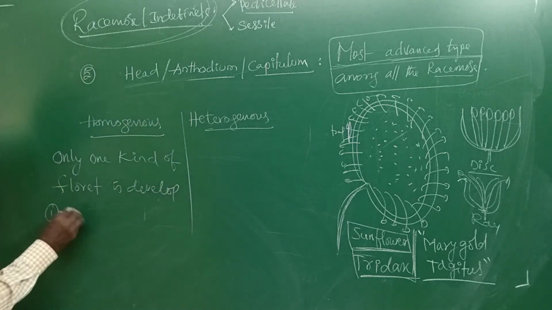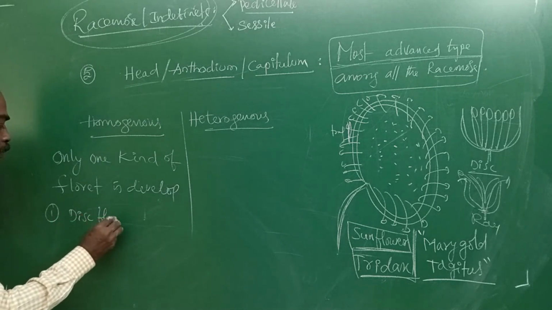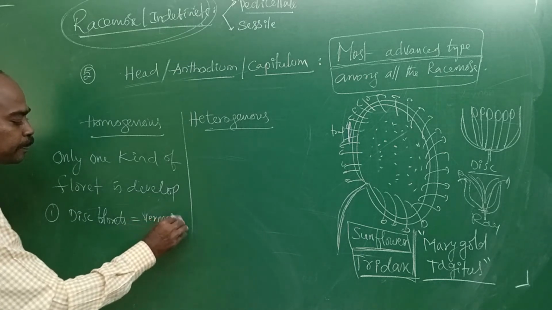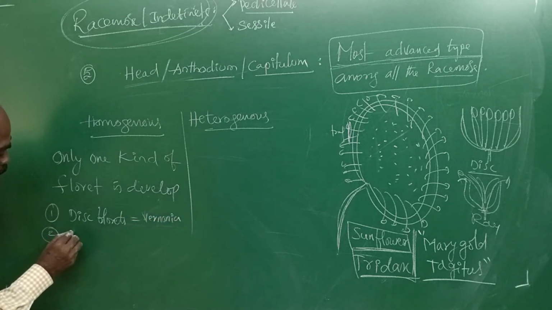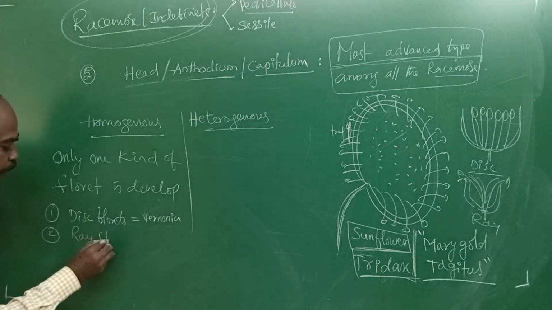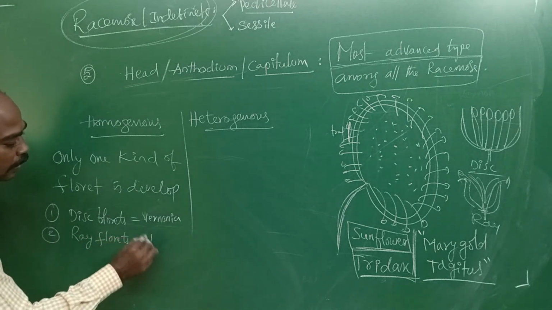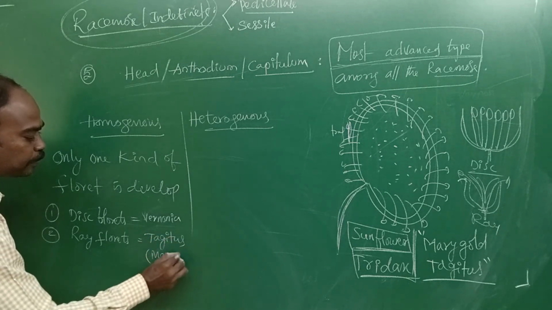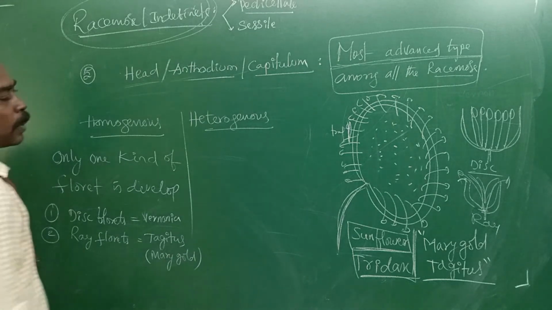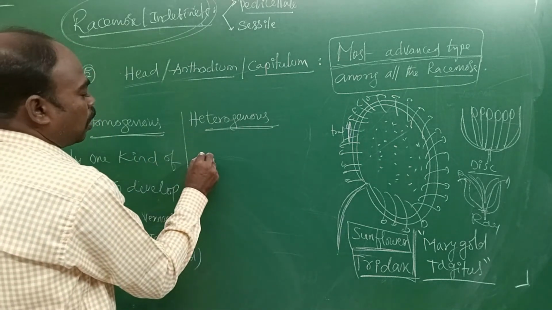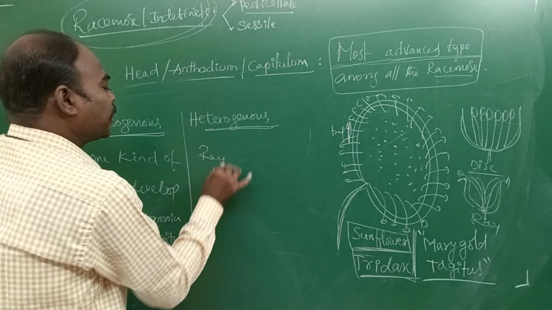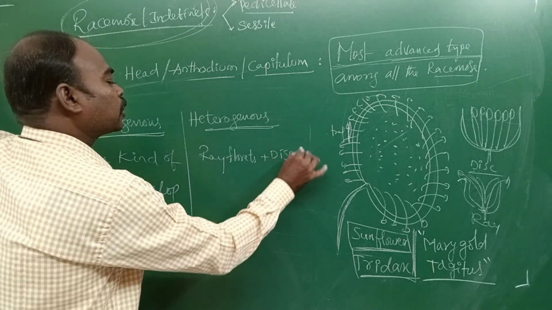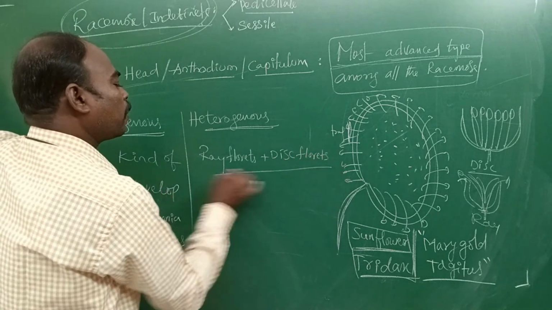That is, only disc florets, as in Vernonia, or only ray florets, as in Tagetes patula, marigold. Heterogeneous means ray florets plus disc florets are found, both are found.